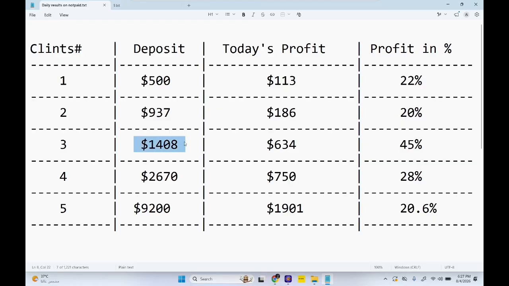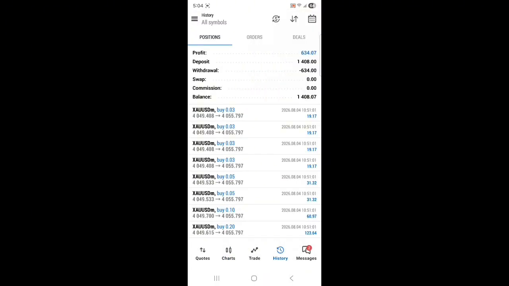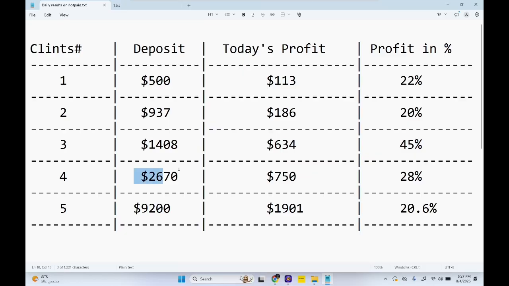This is another client and his deposit was $1,408 and his today's profit is $634 and that is 45% profit. And this is the account of client number 3 and you can see his today's profit which is $634 and his deposit amount is $1,408. This is another client and his deposit was $2,670 and his today's profit is $750 and that is 28% profit.